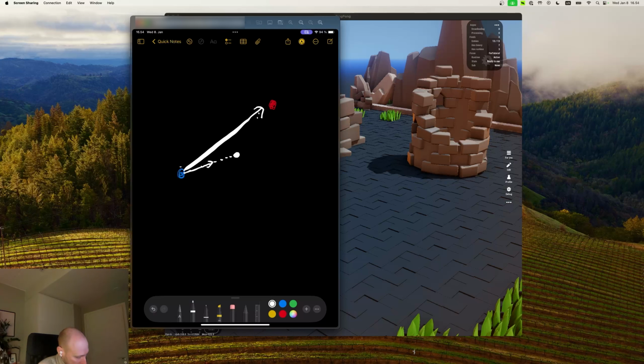So this is what the handles would look like. And the curve, in turn, would bend like this, right? And then if the orange guy moves, then the arrow will always curve towards it.